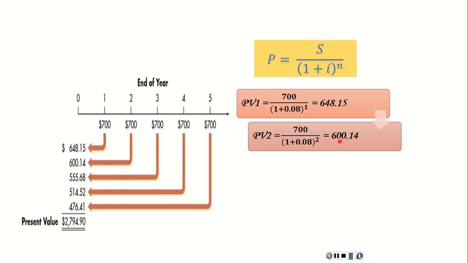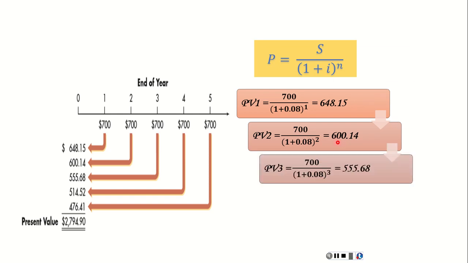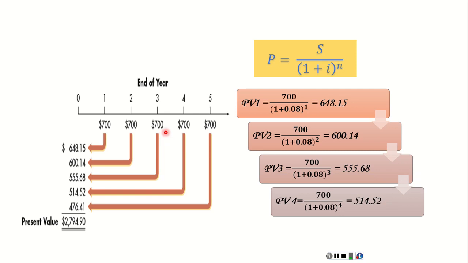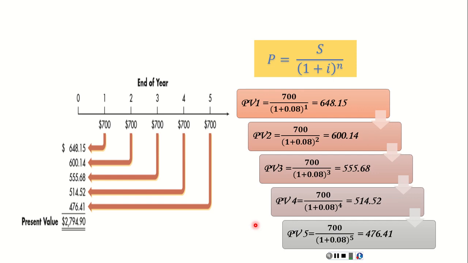What does it mean? The 700 received after 2 years is worth today 600. And the third amount received by each bank after 4 years is worth today 514. The last amount expected to be received from Mr. Ahmed is worth today 476.